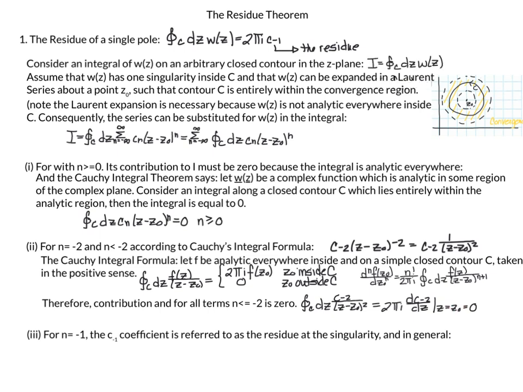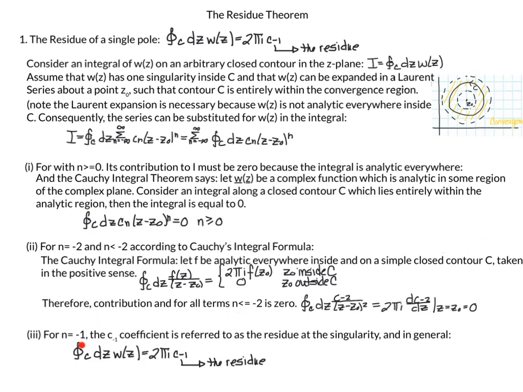The derivative of our c minus 2 coefficient, which is just a constant, is equal to 0, and therefore the contribution for n equals negative 2 is 0. You can make the same argument for any exponent less than negative 2. Its contribution to the integral is going to be 0.